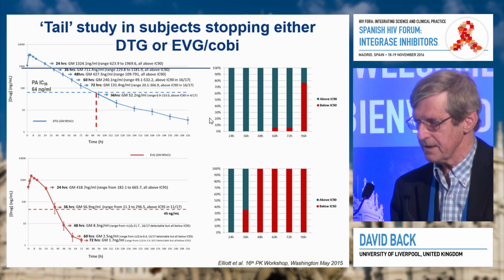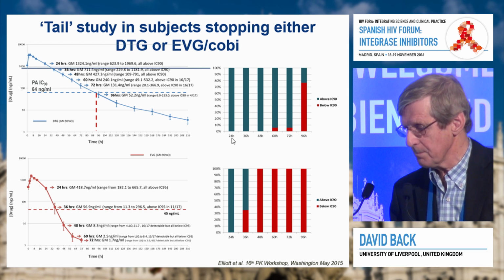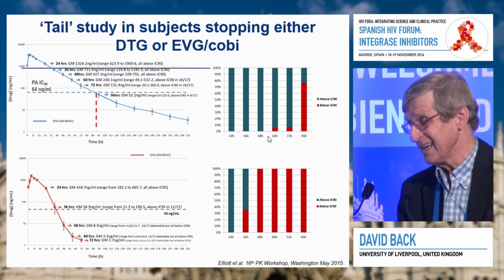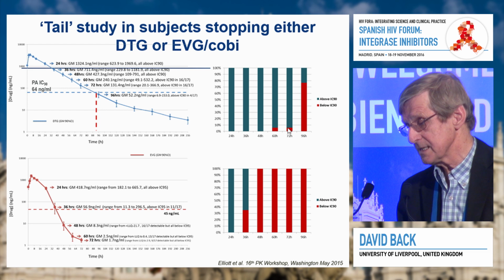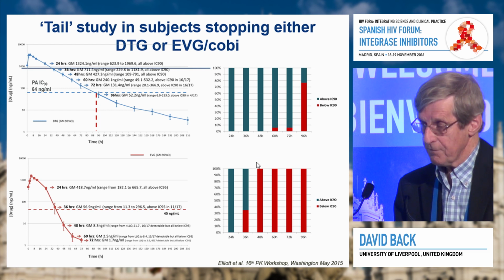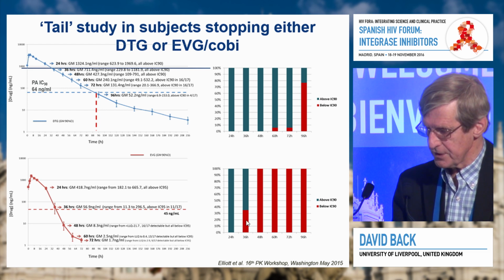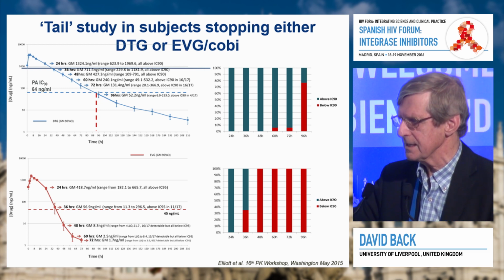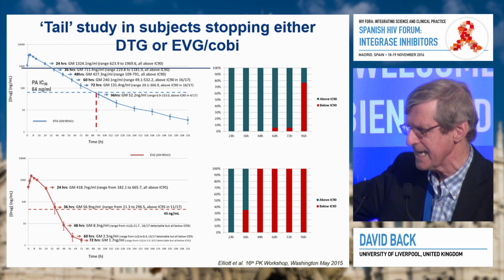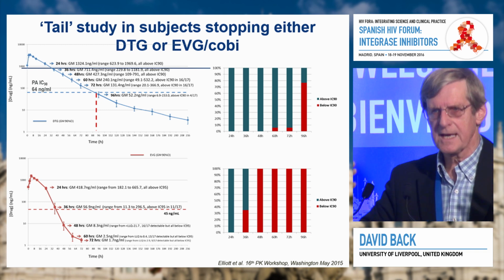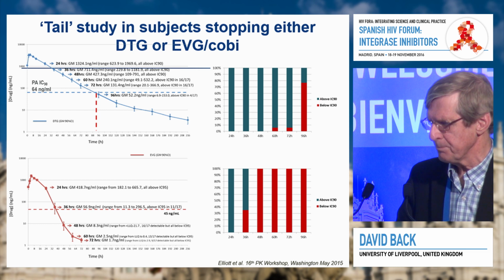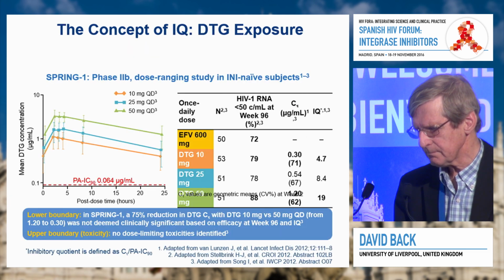For dolutegravir, all of the subjects were above at 24 hours, 36 hours, 48 hours, and there was only one subject below at 60 hours. For elvitegravir, by 36 hours, nearly half the subjects were going below the target. So there's a difference in the tail, and therefore the forgiveness of the drug by missing doses.